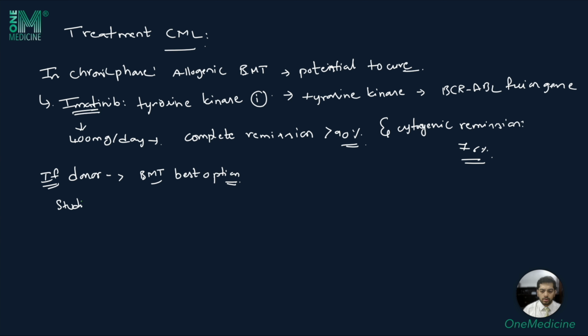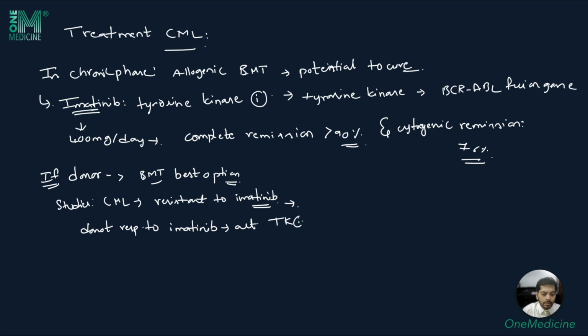Studies have shown that several CMLs are resistant to imatinib. Failure rates are higher with imatinib monotherapy. So in patients who do not respond to imatinib itself, other alternatives include tyrosine kinase inhibitors such as dasatinib, which is given in the dosing of 100 mg once daily, or nilotinib, which is given in the dosing of 400 mg twice daily in patients with T3-151 mutation.